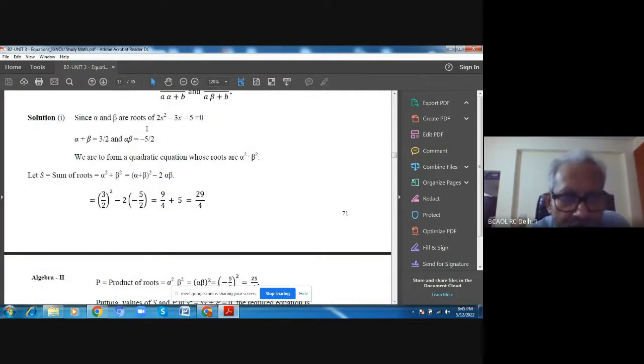Since alpha and beta are the roots of the particular equation, as usual we take the sum and product. The sum alpha plus beta is 3 by 2, and the product alpha beta is c by a. Always remember the equation ax square plus bx plus c; the sum is minus b by a and the product is c by a.